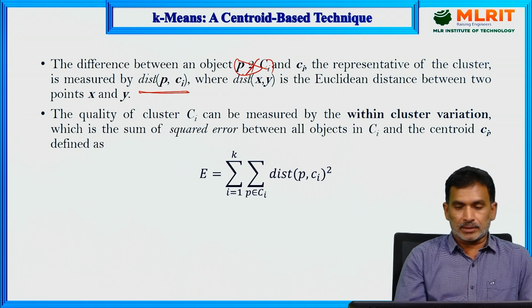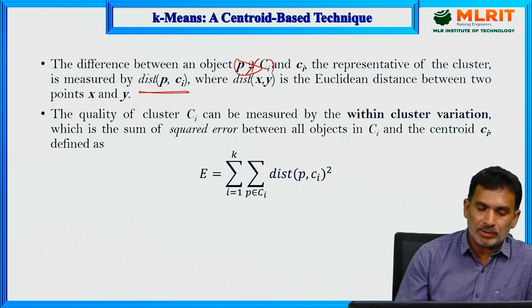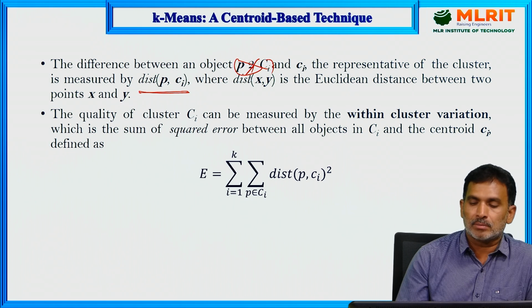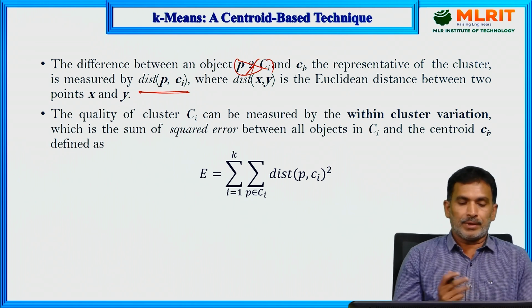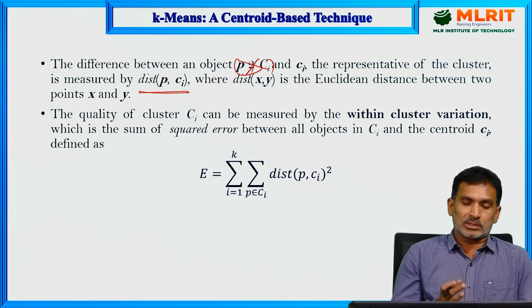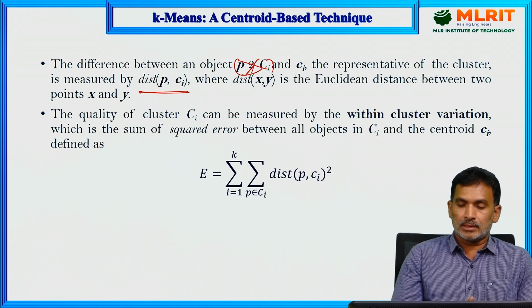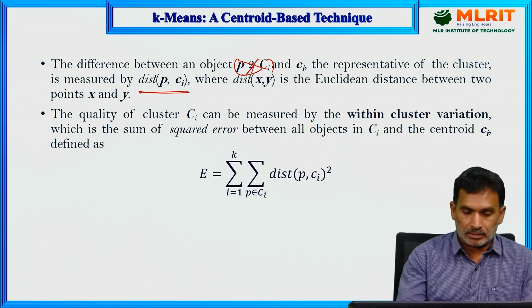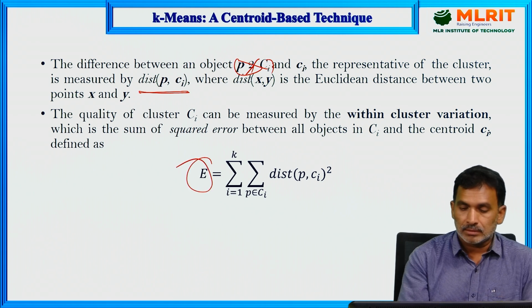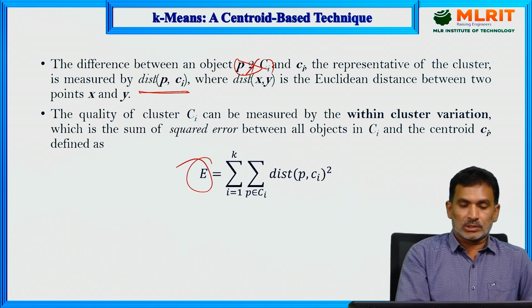As we already discussed in the previous lecture, the quality of a cluster Ci can be measured by the within-cluster variation, which is the sum of squared error between all objects in Ci and the centroid ci, defined as E, the squared error.